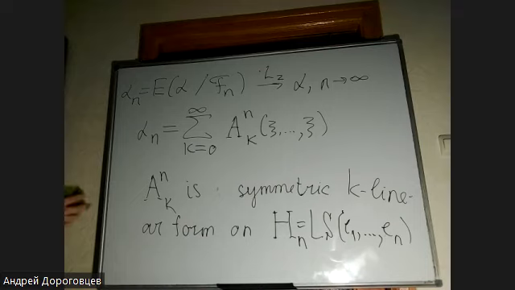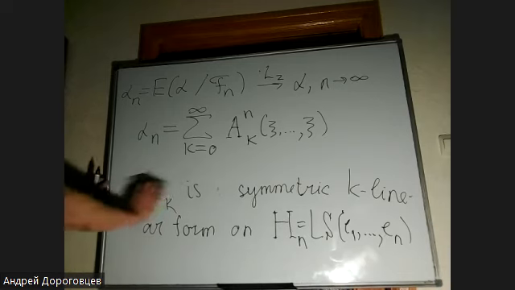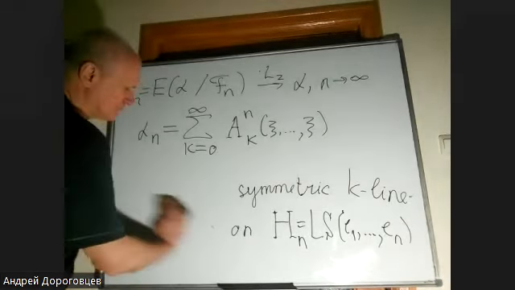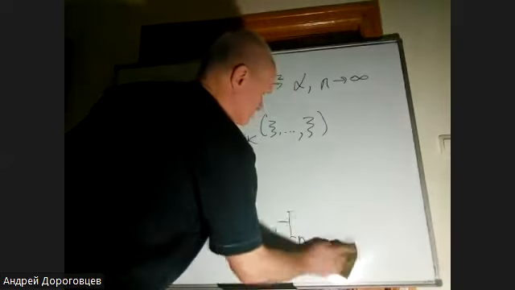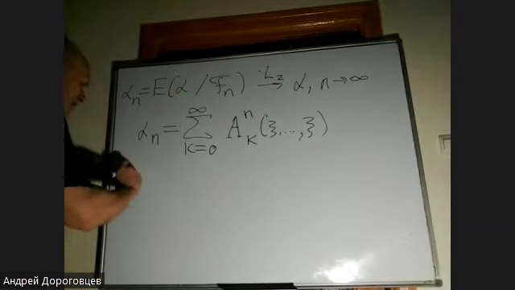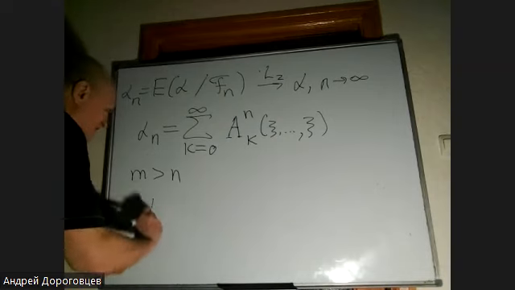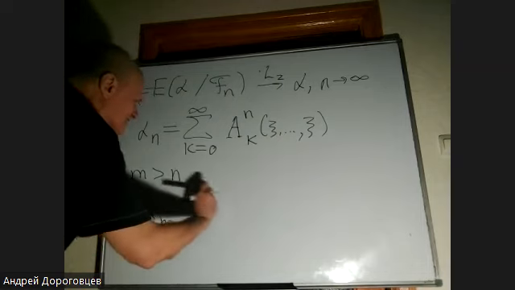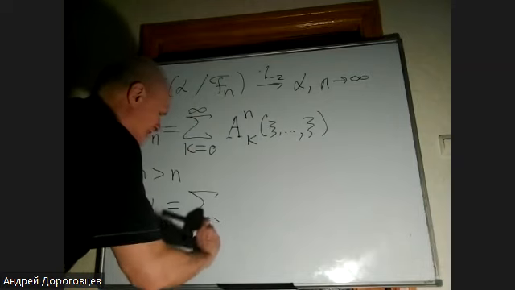But first of all, let us calculate the distance between alpha^n for different indices. So now I'm supposing that m is greater than n, and we consider alpha^m, which has a similar chaotic representation.